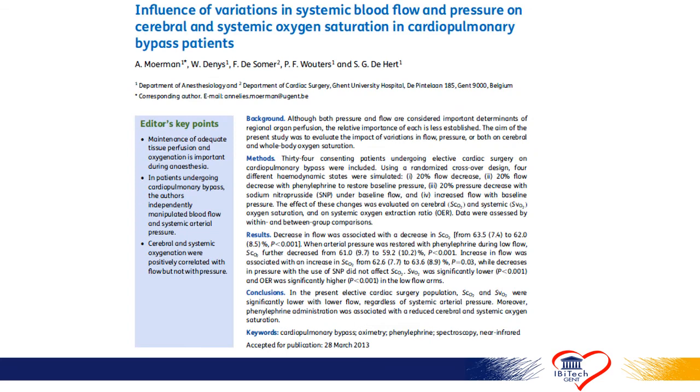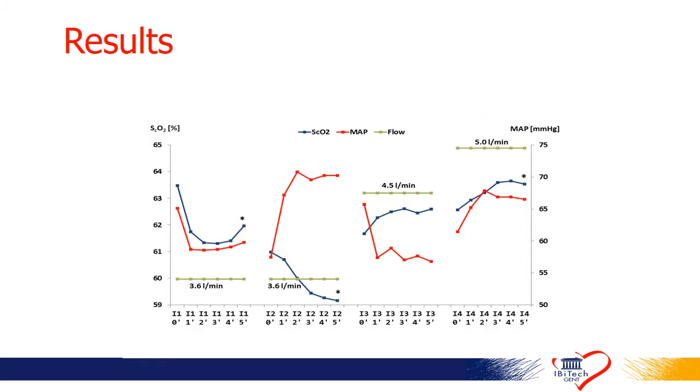So we were interested also to see whether we could find a relationship to that. So what we actually did is we looked in a patient when he was stable, this was his normal flow, and then we reduced the flow by 20% or we increased the flow by 20%. And as you can see, when we decrease the flow by 20%, then we see immediately that there is a reduction in the blood pressure and in the cerebral oxygenation.